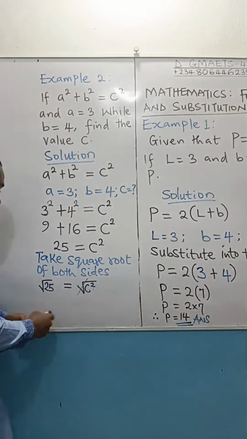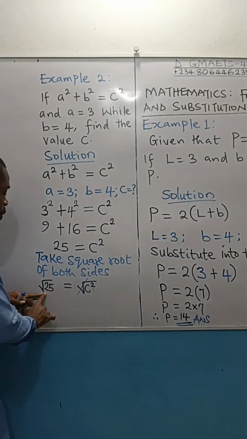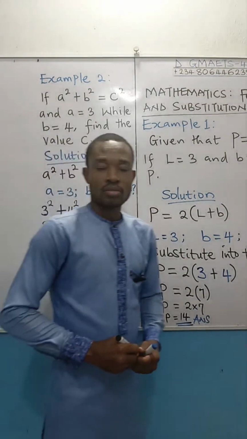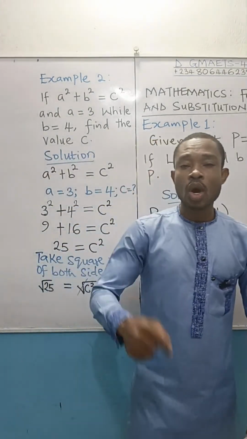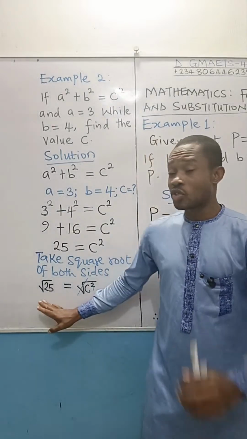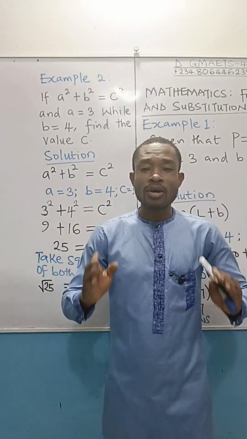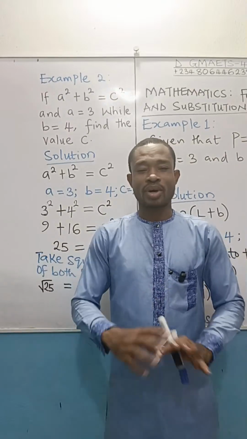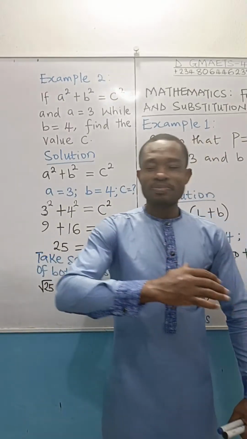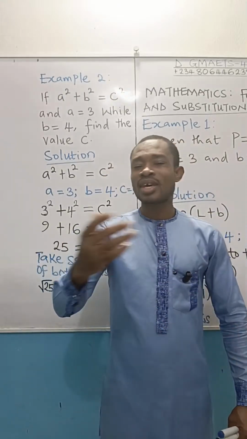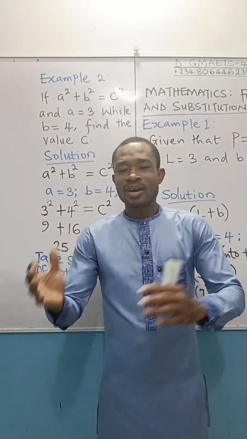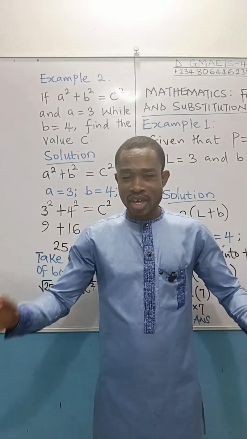So we move on. I will come to this and ask myself, square root of 25 is what? Now, this is how you will get the answer. And that is why I told you, friends, that your knowledge of multiplication table is very important. In fact, different educators can say something, or teachers can say something about multiplication.